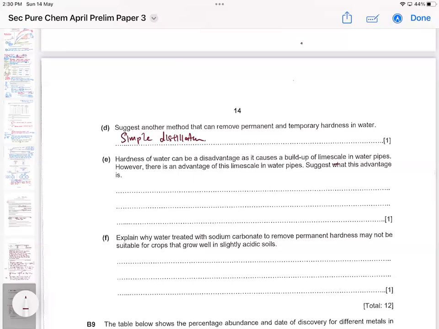Some home hacks suggest how to remove this powder, which is to use white vinegar or lemon juice solution. This is the concept of neutralization again, because vinegar is an organic acid. When we do organic chem, you'll see vinegar falls under a few categories.